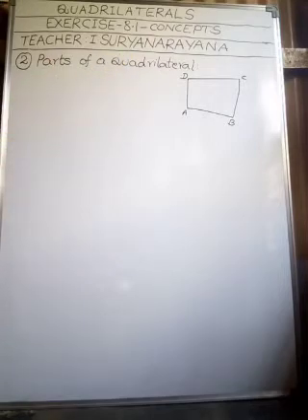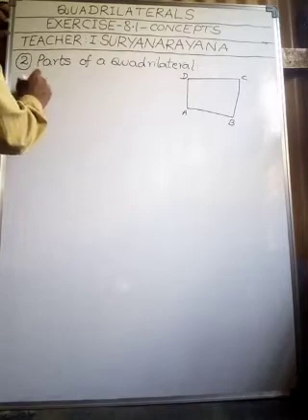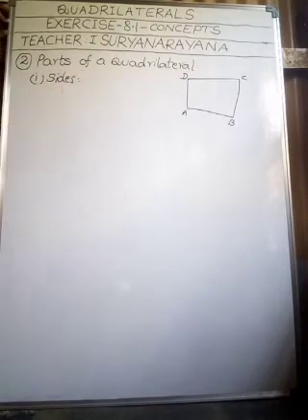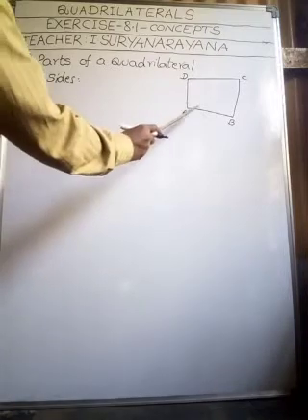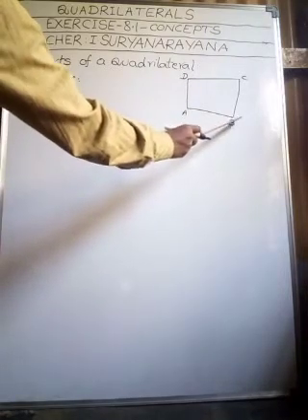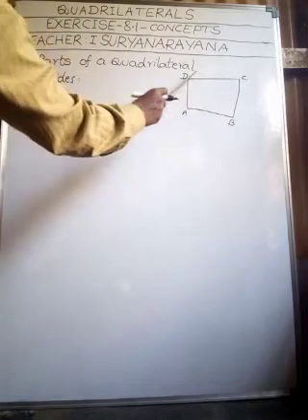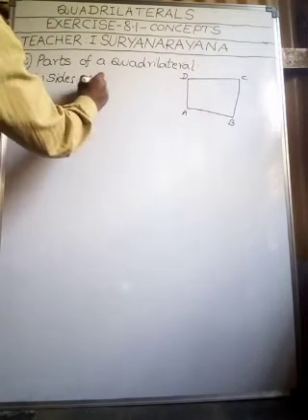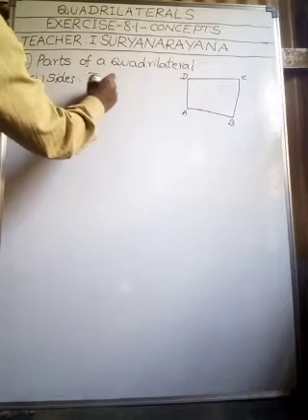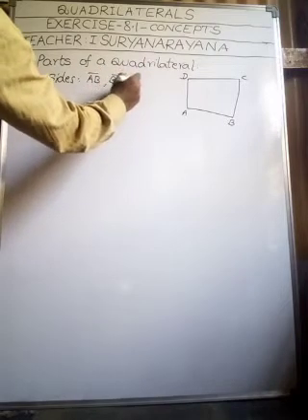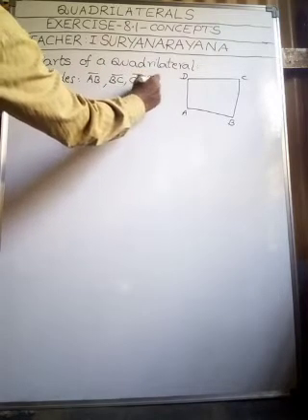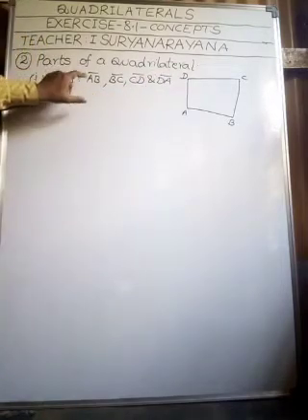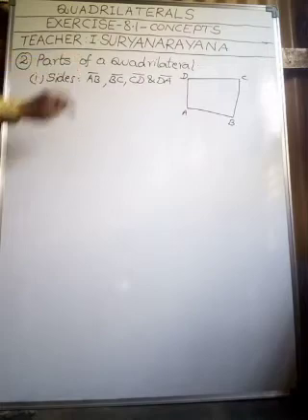So first, sides. These are said to be sides: line segment AB, line segment BC, line segment CD, and line segment DA. These four line segments are said to be the sides of this quadrilateral.